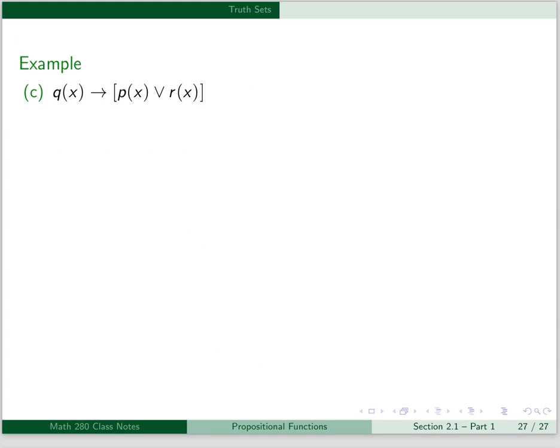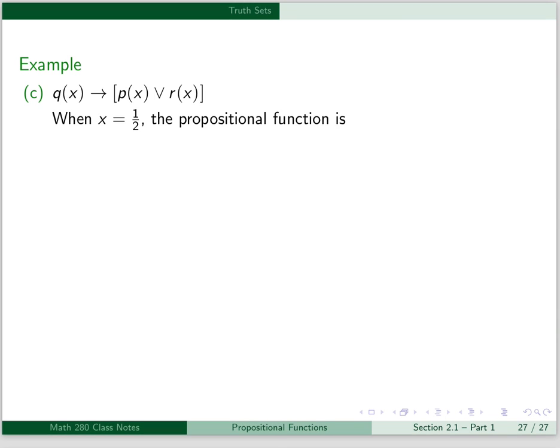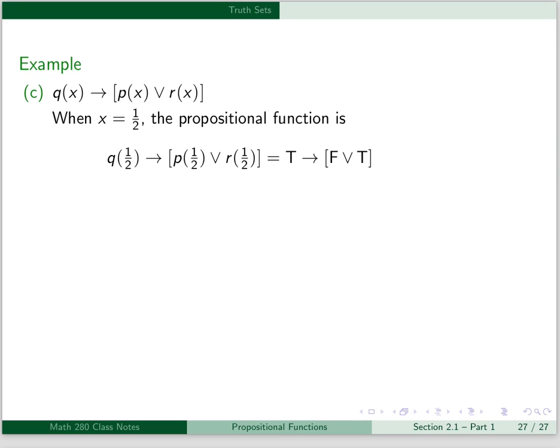For our third propositional function, we have q of x implies p of x or r of x. When x is equal to 1/2, the propositional function is q of 1/2 implies p of 1/2 or r of 1/2, which is true implies false or true.